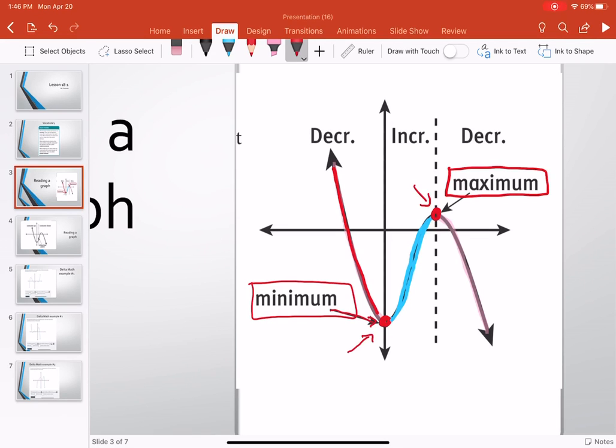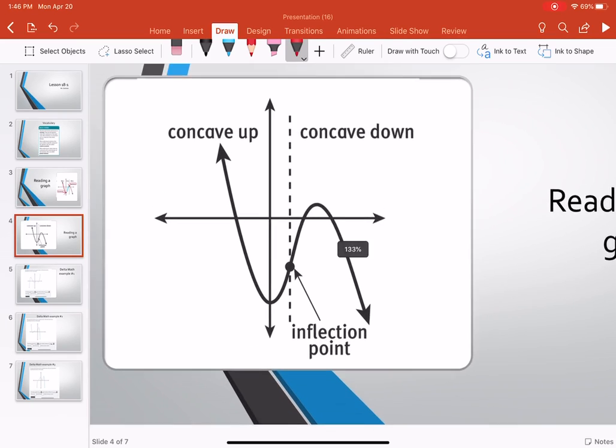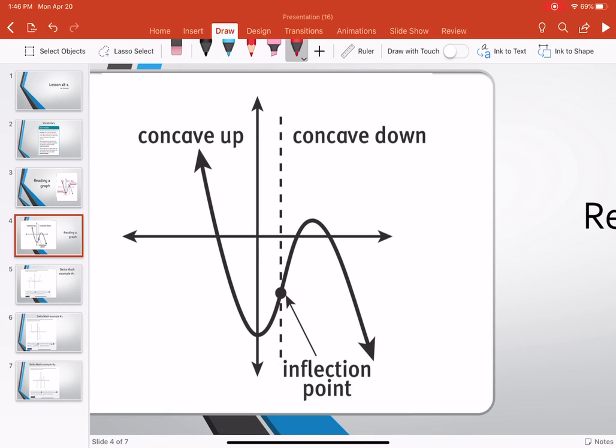Then when we look at reading graphs, it's called either concave up or concave down. Concave up is, for example, like here, where it's going like a bowl, right? You're going to fill this bowl up with cereal.